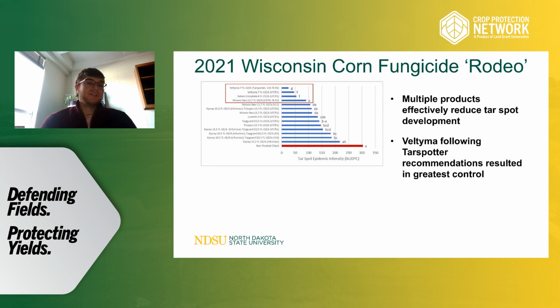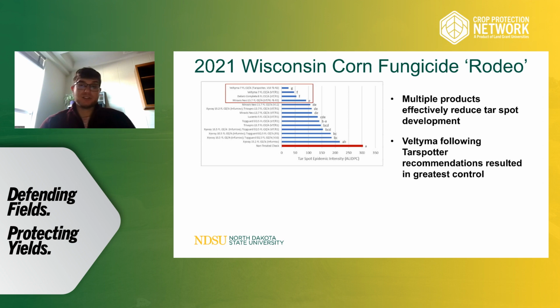However, you see at the very top, if we use Veltima in coordination with Tar Spotter recommendations, so applications in this particular case, and this is different for each field, but in this case, applications at the V10 as well as the R2 growth stages, then we improve and reduce the development of tar spot even further.